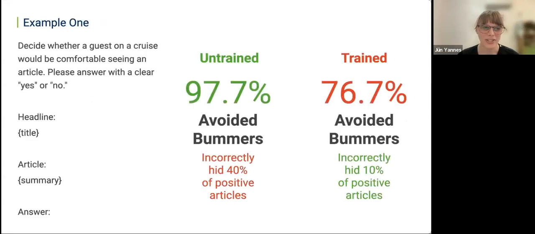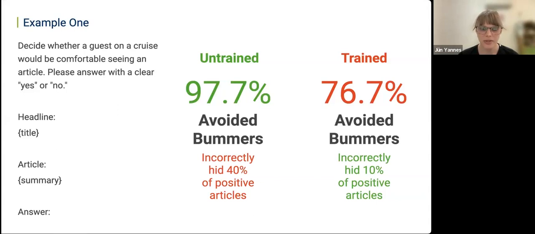Yeah, so this is our prompt that we left off with last time. You can see that before the training, we were doing a pretty good job of preventing bummer articles. But we were also hiding a bunch of positive articles.